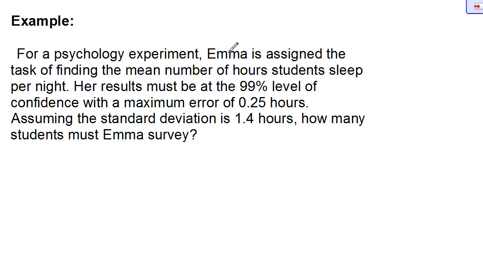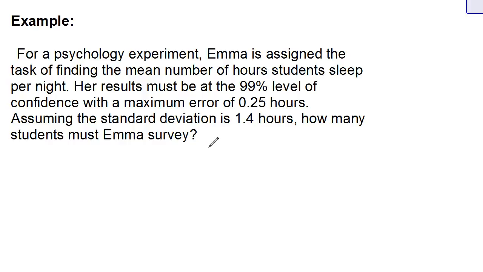For a psychology experiment, Emma is assigned the task of finding the mean number of hours students sleep per night. Her results must be at the 99% level of confidence, with a maximum error of 0.25 hours. Assuming the standard deviation is 1.4 hours, how many students will Emma survey?